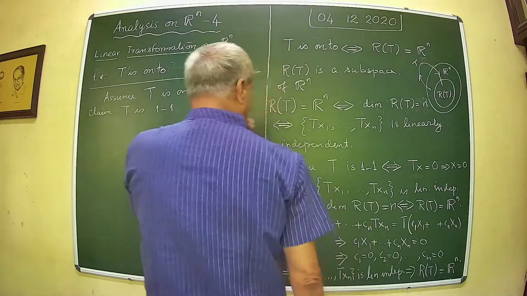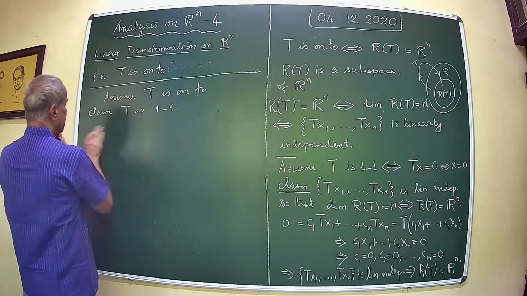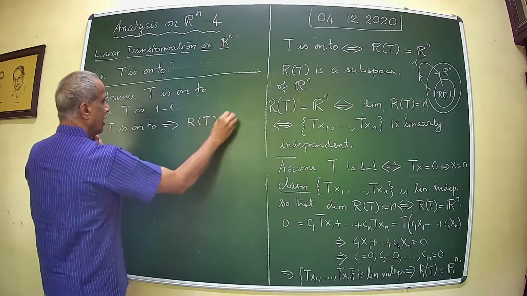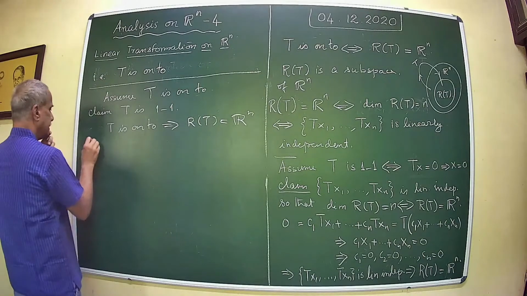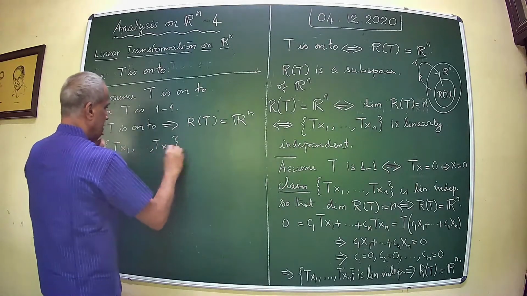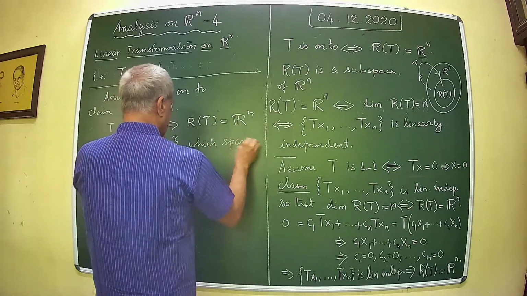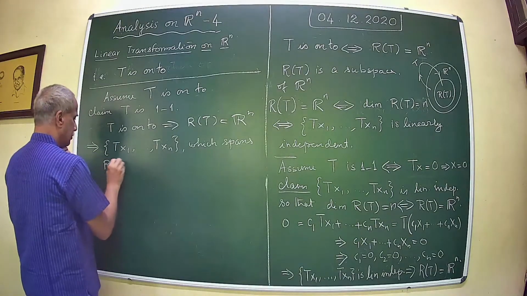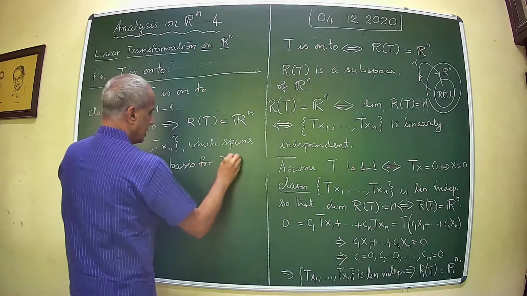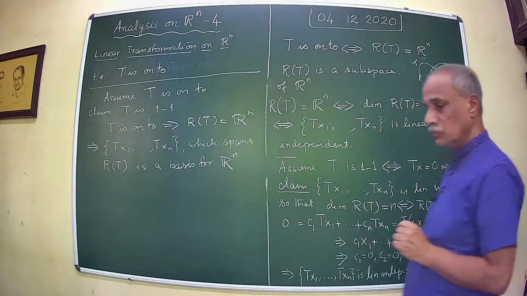So what you have? T is onto, which implies RT is equal to Rn, which implies which spans RT, is a basis for Rn.